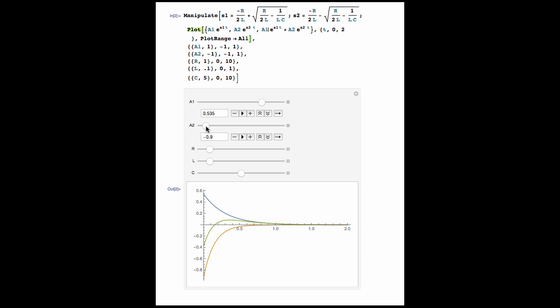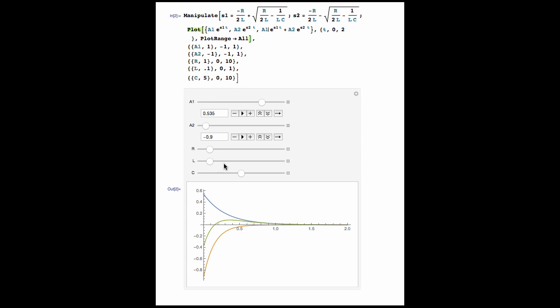Depending on your boundary conditions or initial conditions, you will have whatever value is appropriate for the initial value of the current. The slope at which it departs from there is also determined by the initial value on the capacitor.